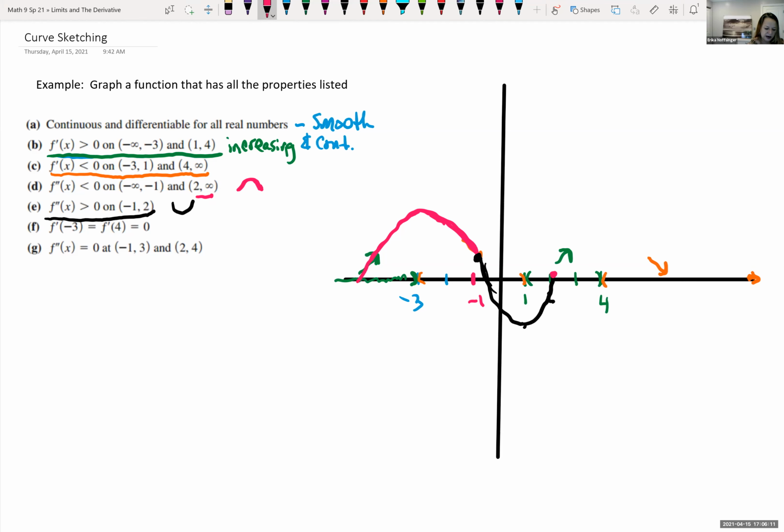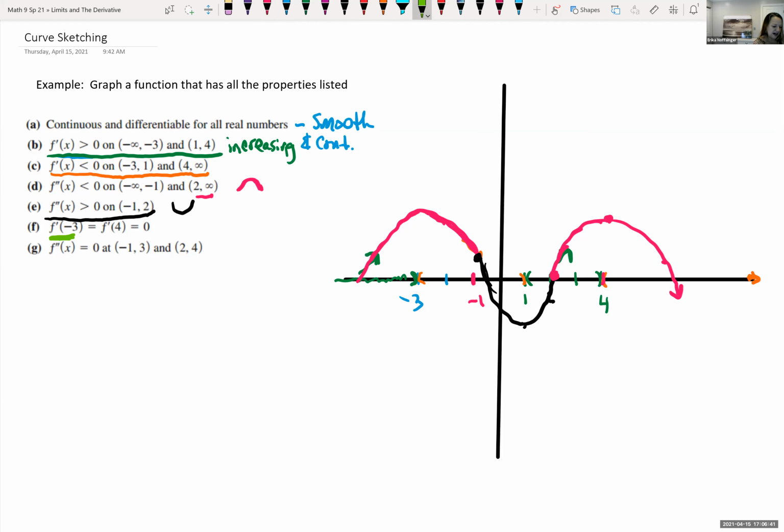So at 2, we're going to have another inflection point where it's going to change concavity, and it's going to be going downwards forever. And at 4, we're going to hit a max. Okay, so I put this together, but I need to make sure that the other pieces hold what I just drew.